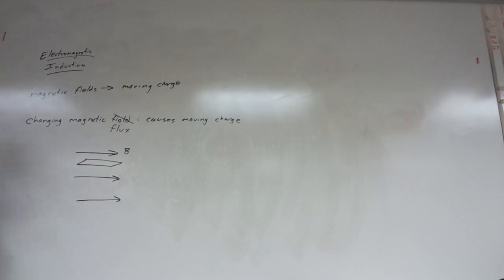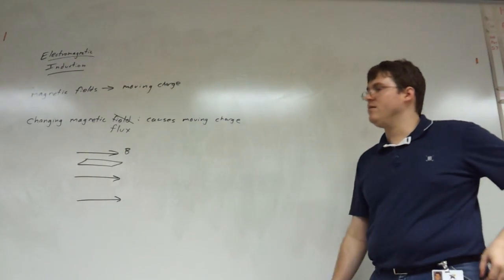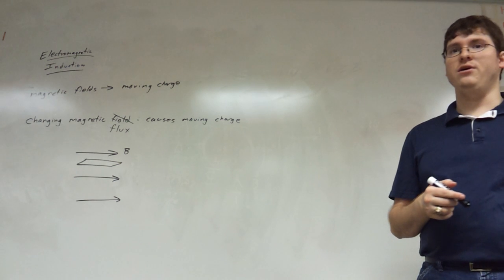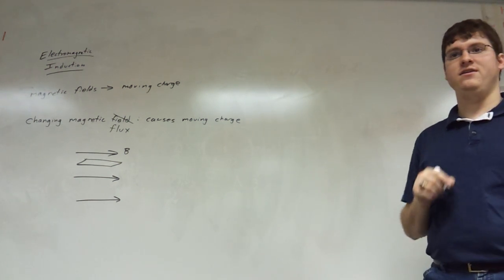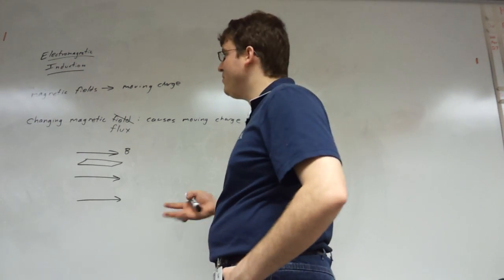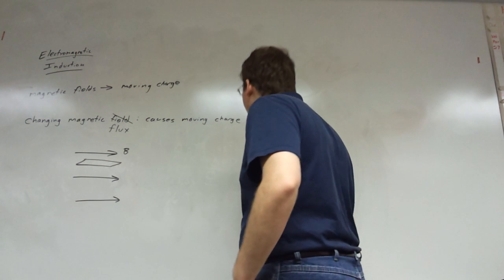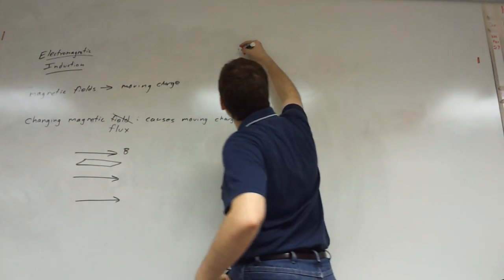And we have a lovely little rule to express how much moving charge we get, called Faraday's law. You guys know Faraday? He came up with this. Sort of. The farad, unit for capacitance, is named after him. So this is Faraday's law.